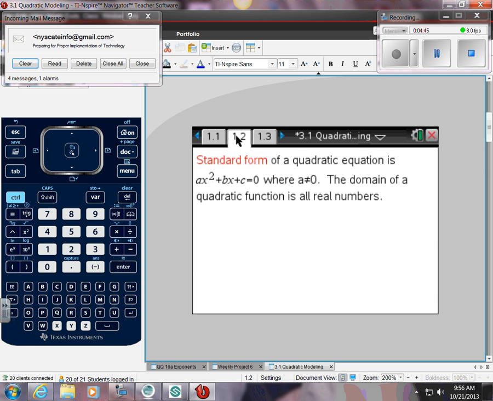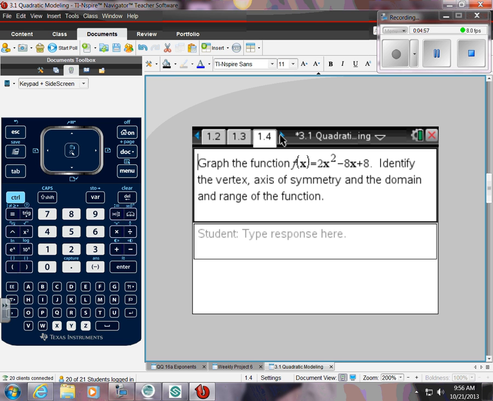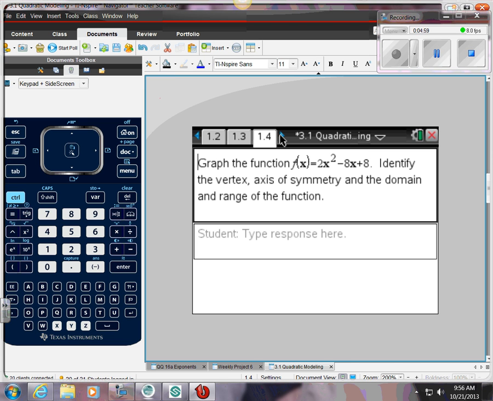Great. Okay. So we're going to graph the function f of x equals 2x squared minus 8x plus 8. F of x, what does that mean? Y. Okay. F of x means y. What's g of x mean? Okay. How about m of x? How about d of L?